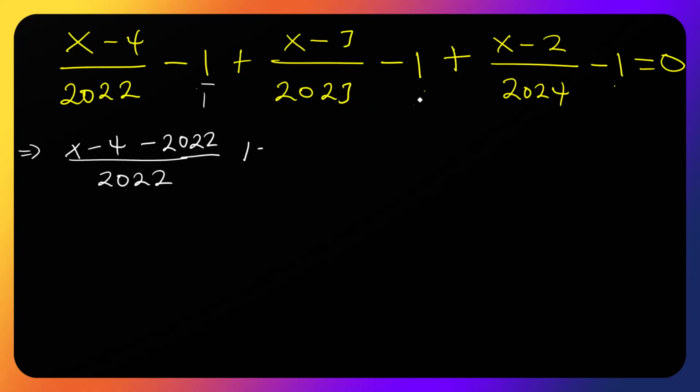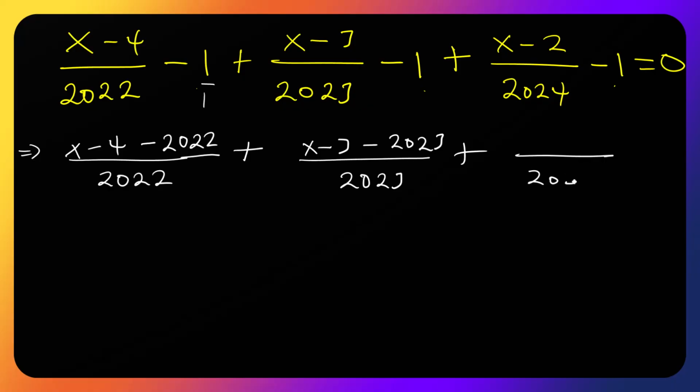Plus, we have the second term, 2023, in this (x minus 3) times that minus 2023, plus the last term, 2024. I have x minus 2 minus 2024 equal to 0.